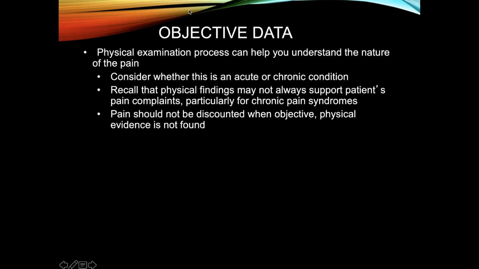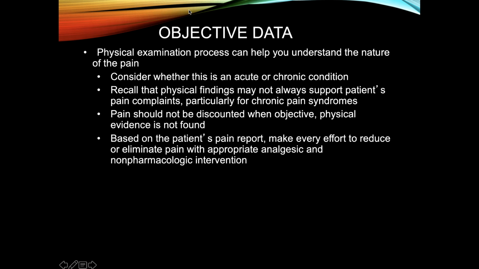It should not be discounted when what we perceive and what we study with them is the actual end-all be-all, and that they're exaggerating their pain. That does happen way too often. Patients are termed to have seeking behavior for pain, which they can. Addiction is out there.